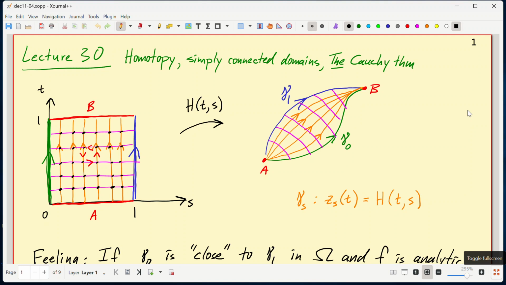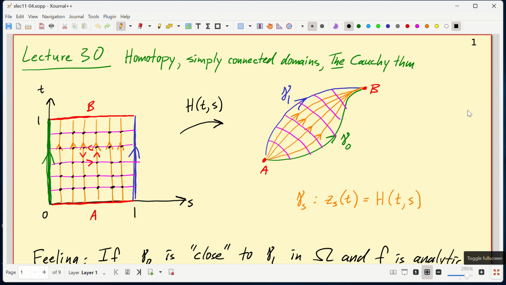And you think of the T as the parameter for the curve, and S is another parameter. So when S is 0, then the function of T that you get is the parameterization for gamma 0. And when S is 1, then the function of the T variable is the parameterization for gamma 1. And the ones in between are in-between curves.